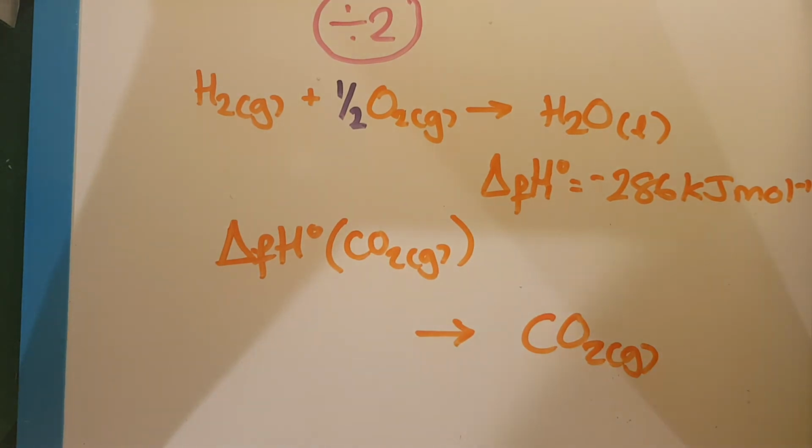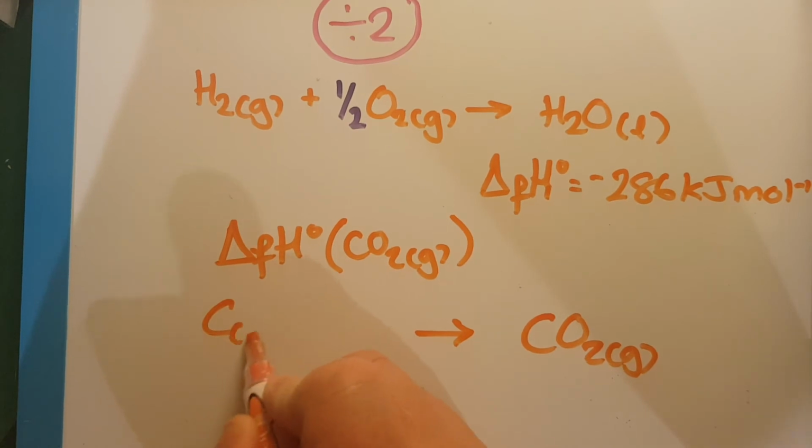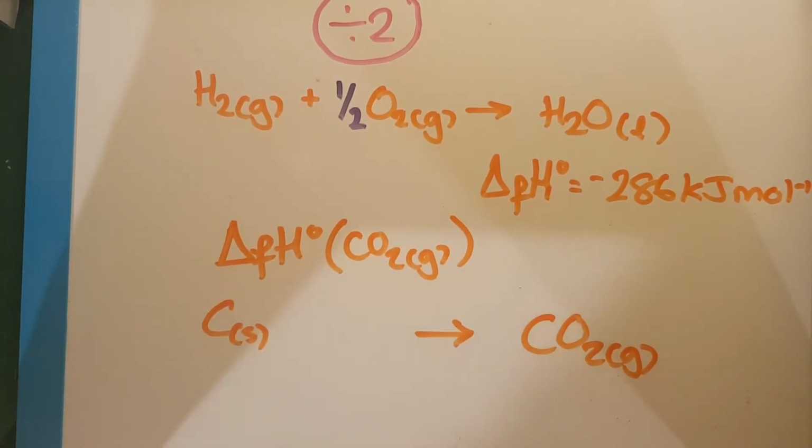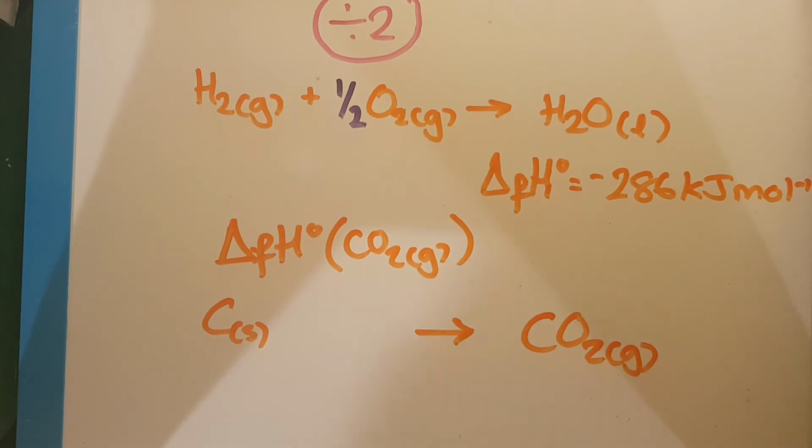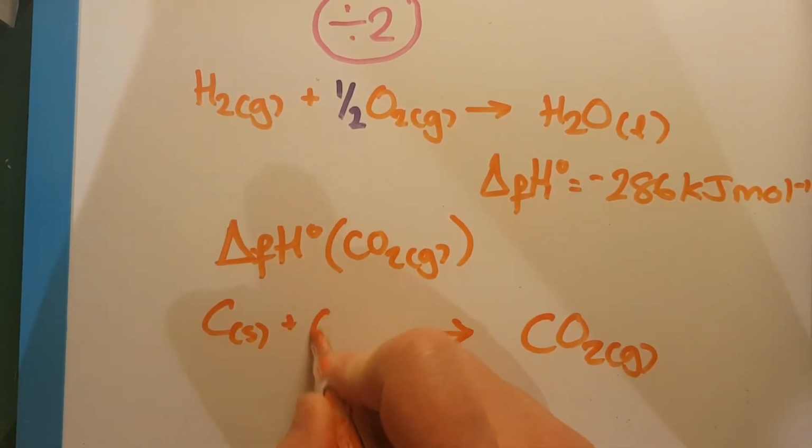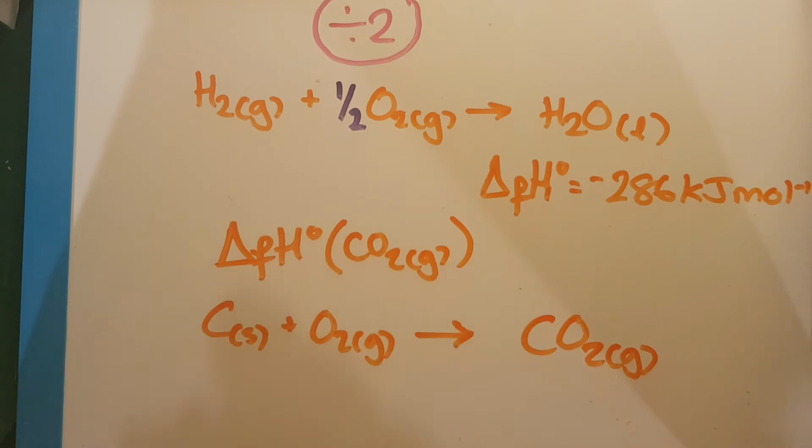In this one, the 2 elements are carbon and oxygen. Carbon at room temperature is going to be just carbon solid. That could be graphite, it could be diamond, it's probably going to be graphite. And when we burn that in oxygen, then this is all balanced. It can be that straightforward.